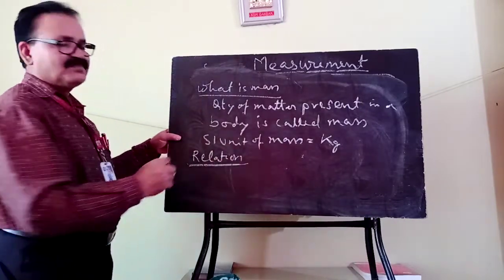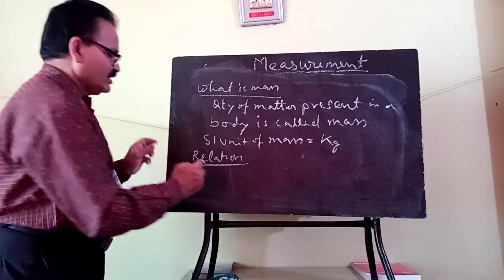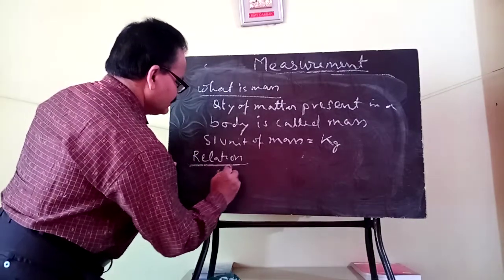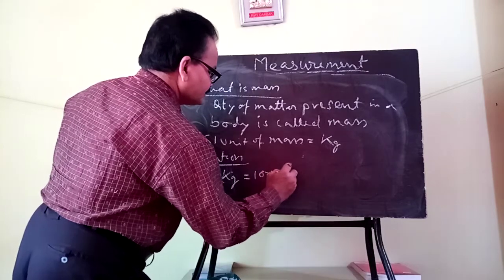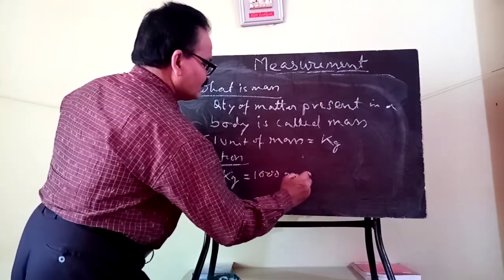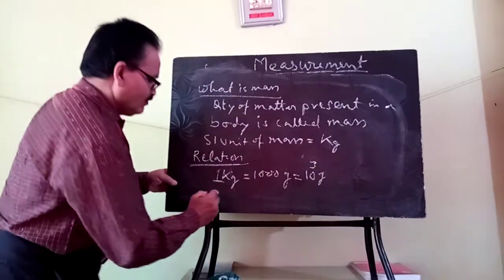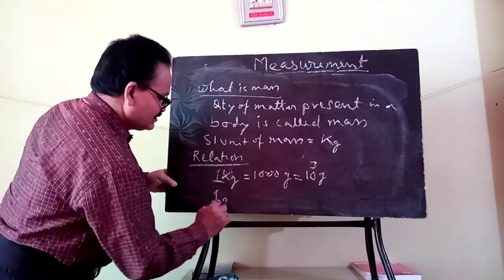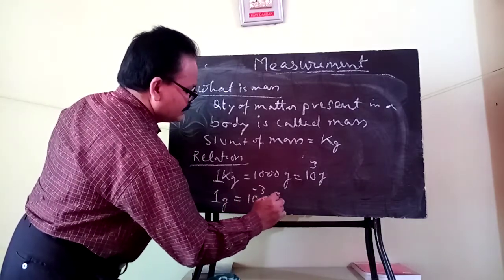Now the relation between the bigger unit of mass and the smaller unit of mass is: 1 kilogram equals 1000 gram, means 10 to the power 3 gram, and 1 gram equals 10 to the power minus 3 kilogram.